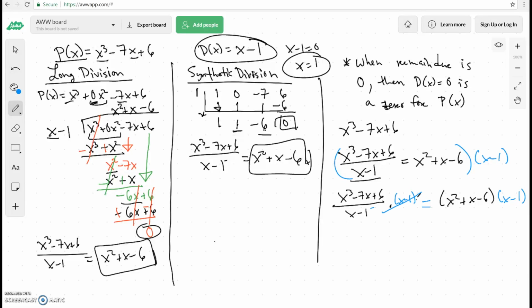So this cancels out this, and now what I'm left with is that x cubed minus 7x plus 6 equals x squared plus x minus 6 times x minus 1.